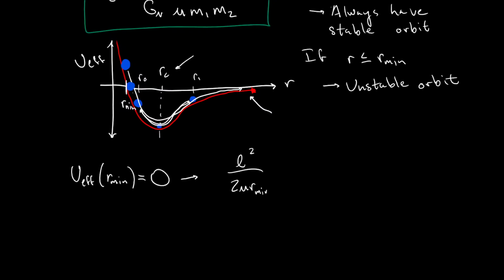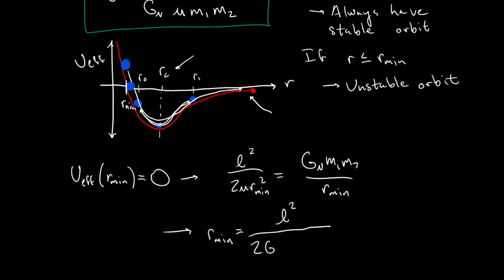L squared over 2 mu R min squared equals Gn m1 m2 over R min, which of course we solve for R min to find L squared over 2 Gn mu m1 m2, which we can notice is our circular orbit radius.